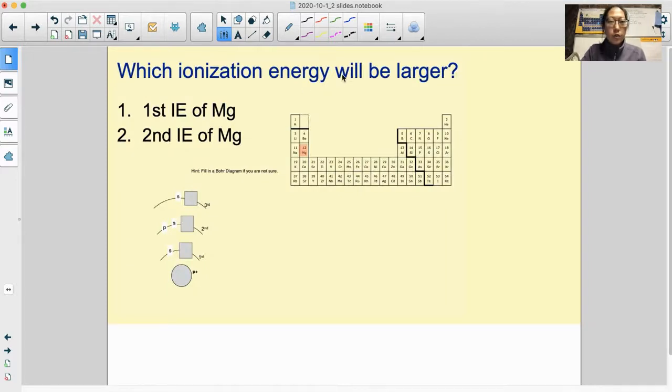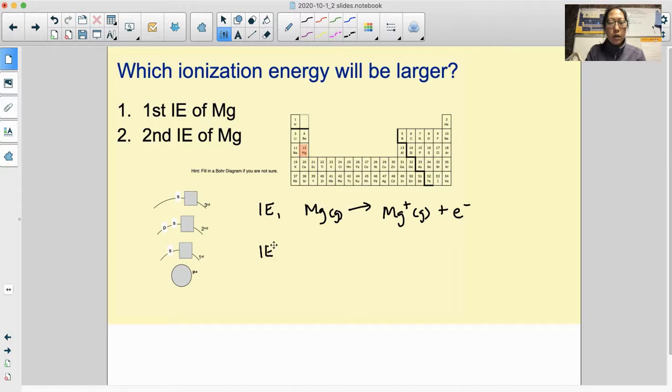Which ionization energy will be larger? The first ionization of Mg or the second ionization energy of Mg. So let's just write down these processes again as practice. So ionization energy number 1, this is going to be Mg gaseous atom turns into Mg+ gaseous ion plus an electron.